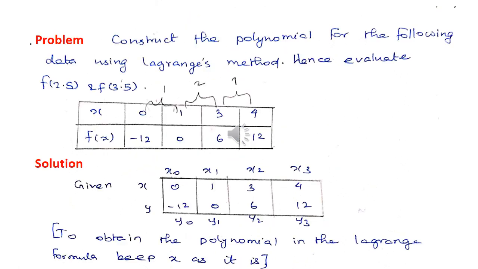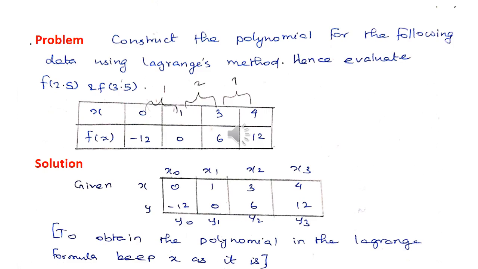Let's see a problem. Construct the polynomial for the following data using Lagrange's method. Hence evaluate f of 2.5 and f of 3.5. Here we have data x equal to 0, 1, 3, 4 and f of x equal to minus 12, 0, 6, 12.